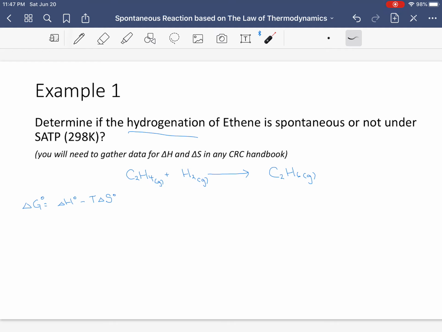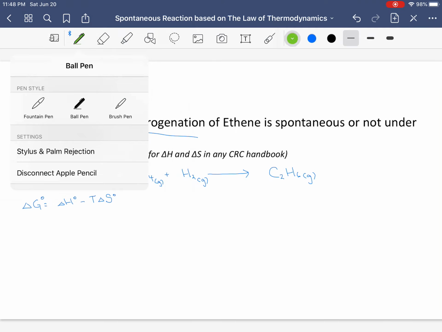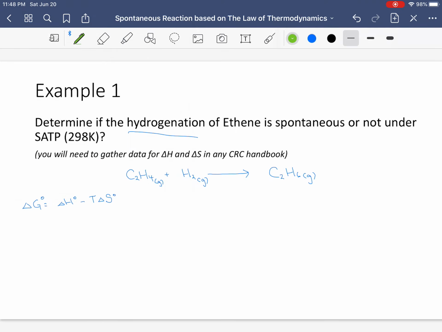All right, let's calculate each entity one by one. Let me just give you some values, because I don't need you to get the CRC handbook, but I will give you the values.